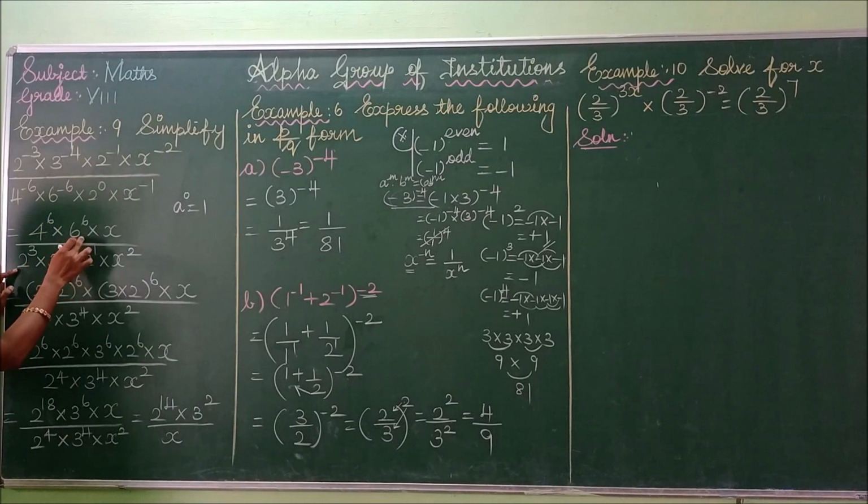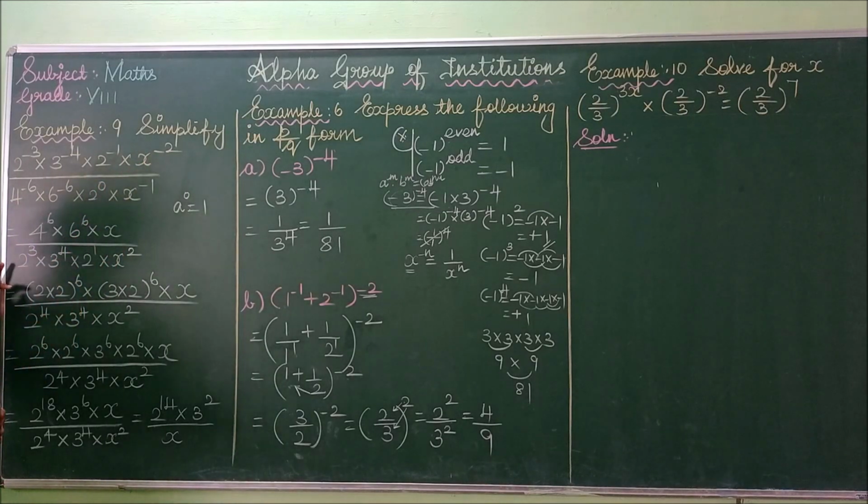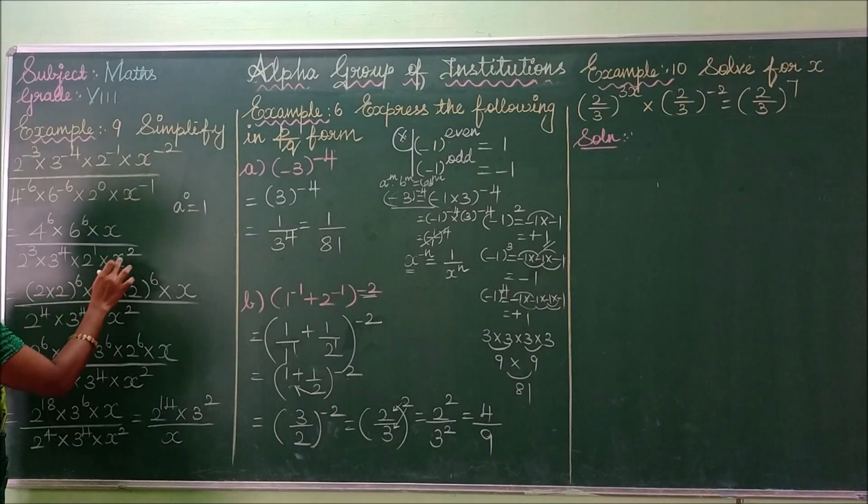Then x power -2 is 1 by x power 2, so 1 divided by x power 2.